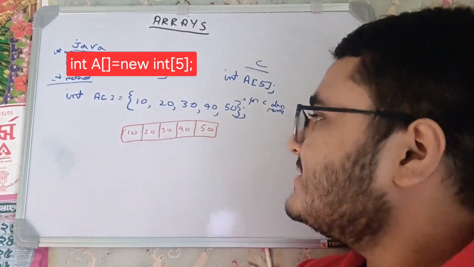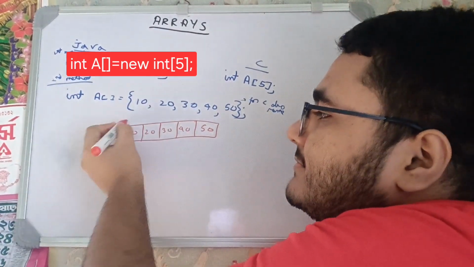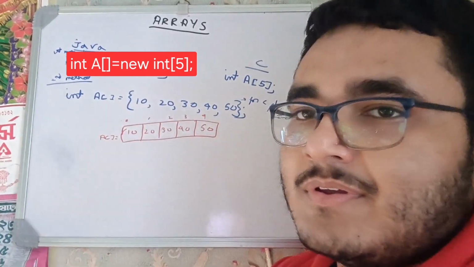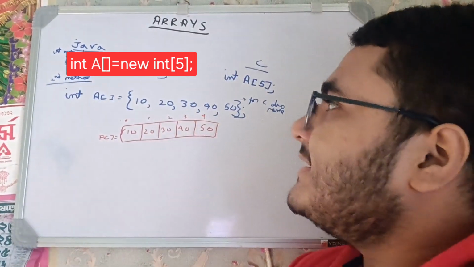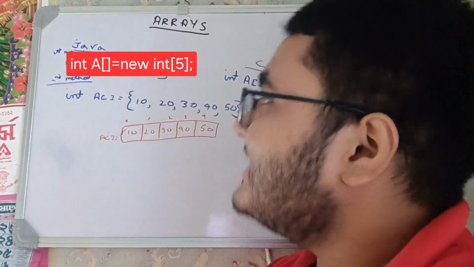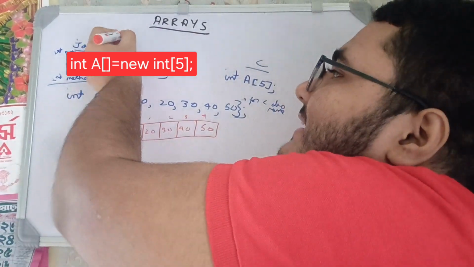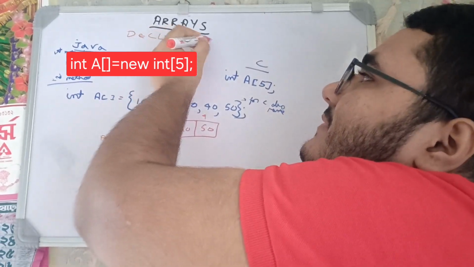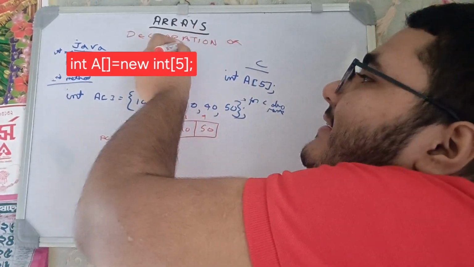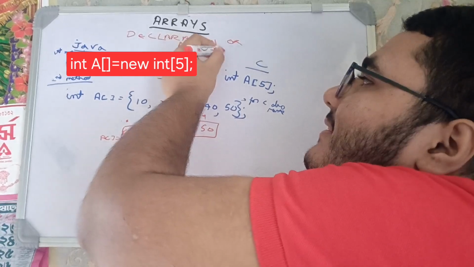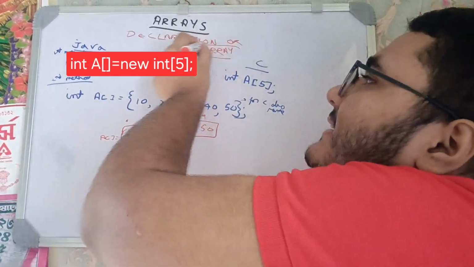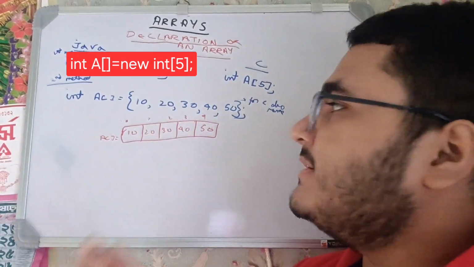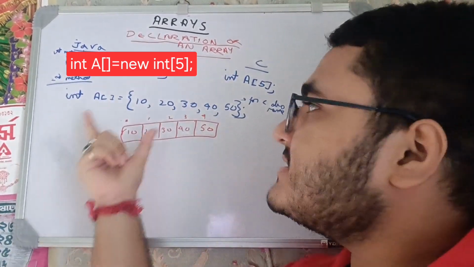Right? So 0, 1, 2, 3, 4. So these were the declarations, how to declare an array. So this was all about declarations.